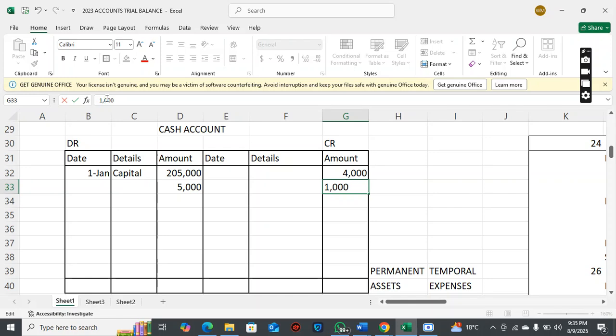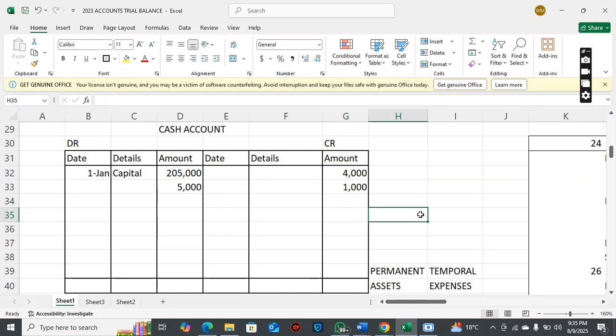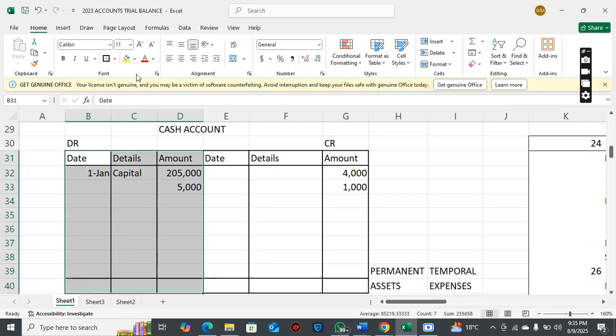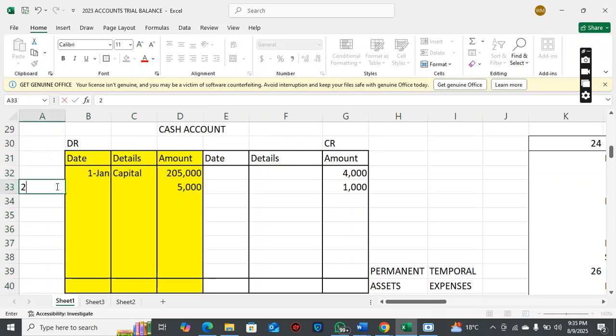If we want to close this account, to take the balance to the next period or to the next year, the first thing you need to do is get the total for the debit side, and get the total for the credit side. The total for the debit side is 210,000. We've just added 205,000 plus 5,000, 210,000.